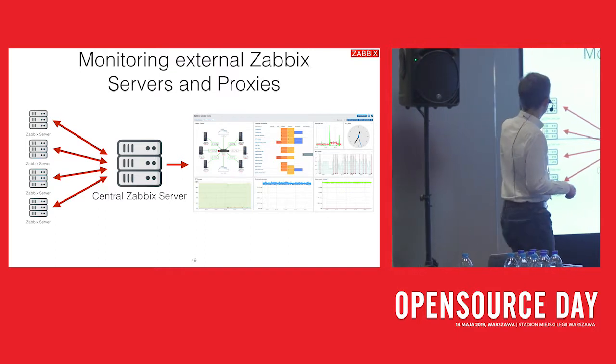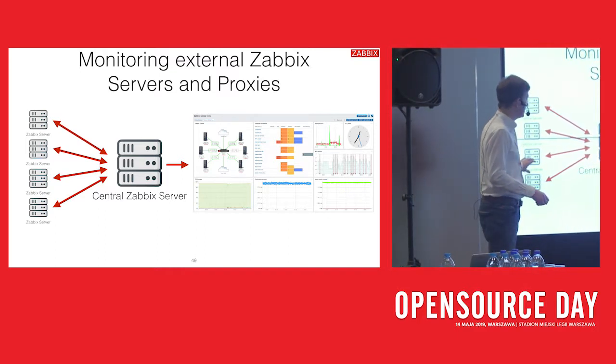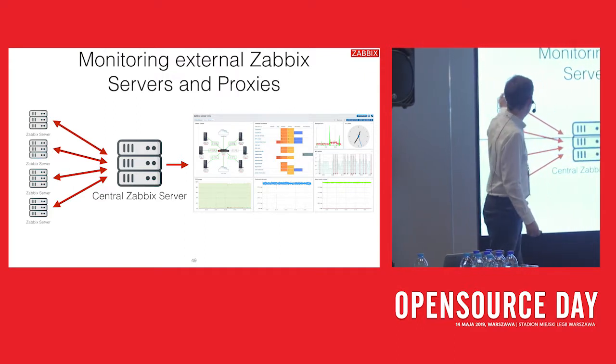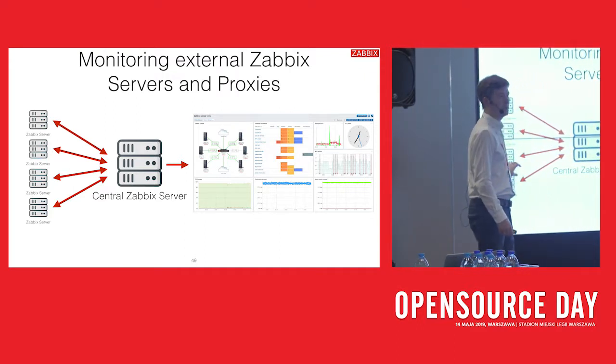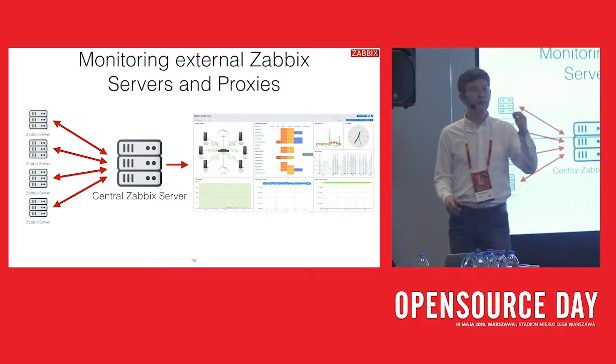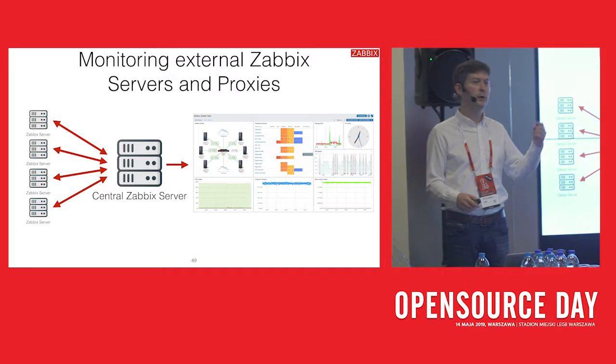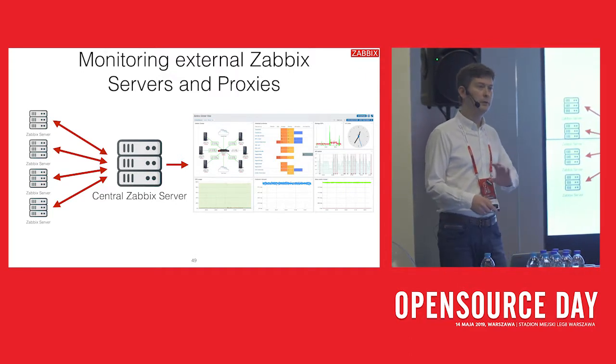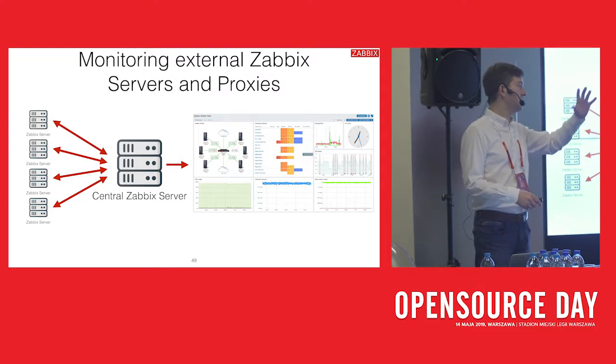Okay? You have, for example, 4 Zabbix servers, and then you may have a central Zabbix server which will feed statistics directly from those machines, from Zabbix servers and from Zabbix proxies. This is a very reliable way to monitor if a server is available or not. It's kind of an external, internal check.